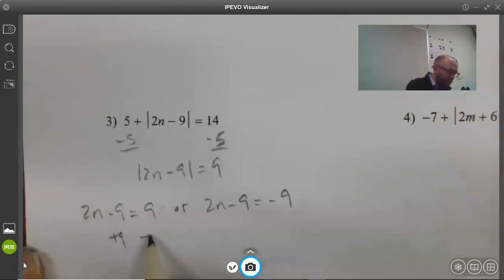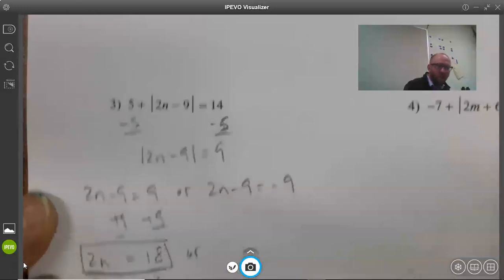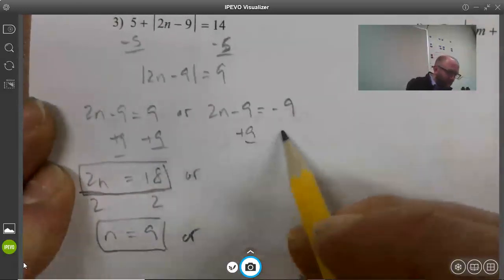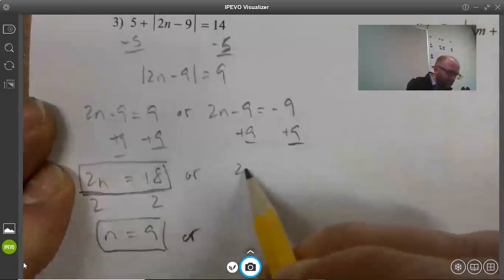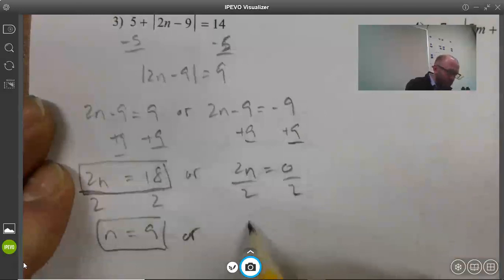I'm going to add 9 to both sides of the equation to get 2n equals 18. Then I divide by 2 to get n equals 9. Or, on the other hand, I add 9 to both sides to get 2n equals 0, divide by 2 on both sides, n equals 0.